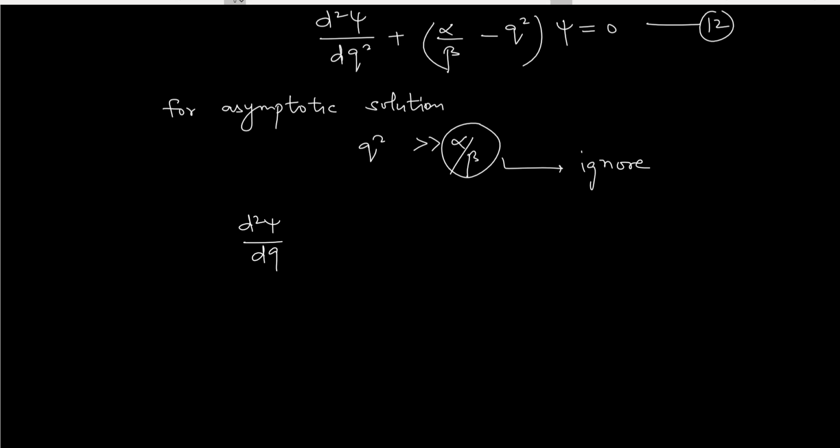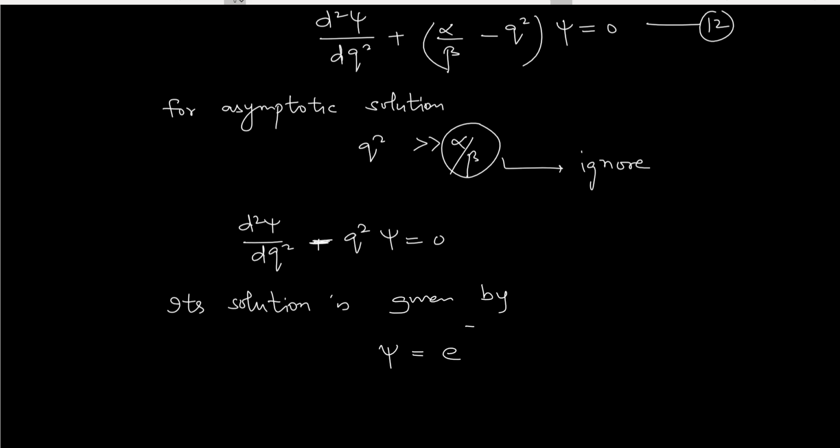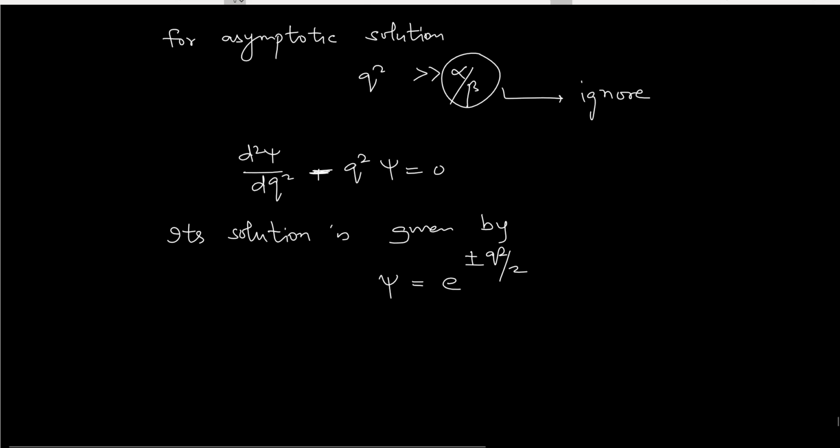So we will be having a minus sign here, and its solution is given by psi equal to e raised to plus minus q square by 2. We mark this as equation number 13.